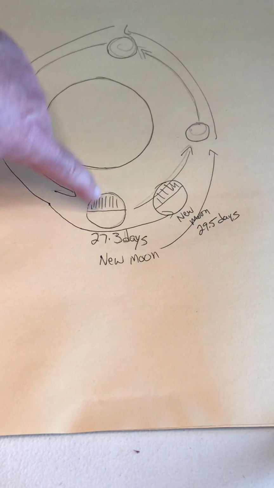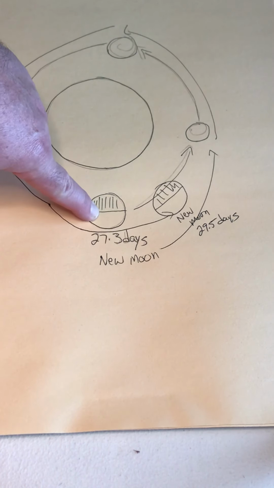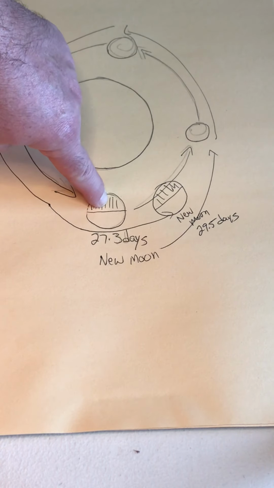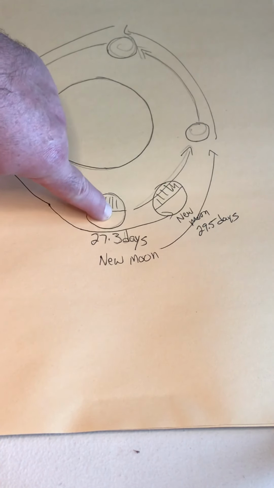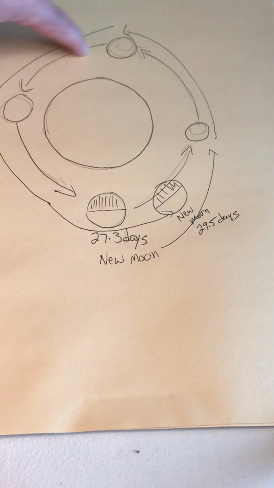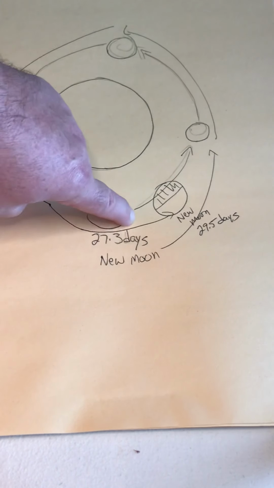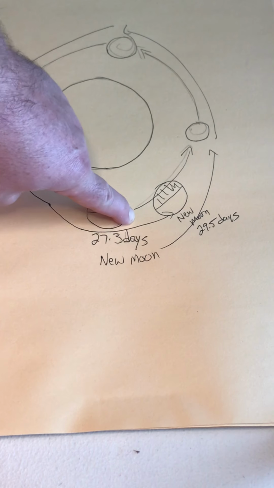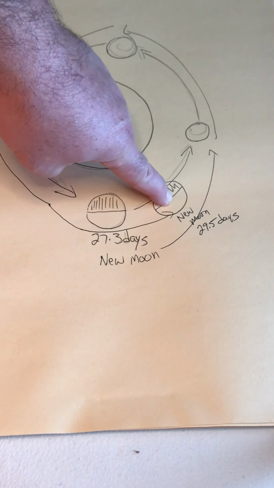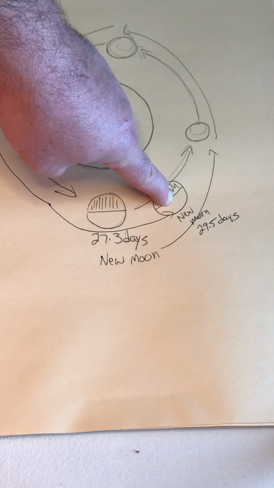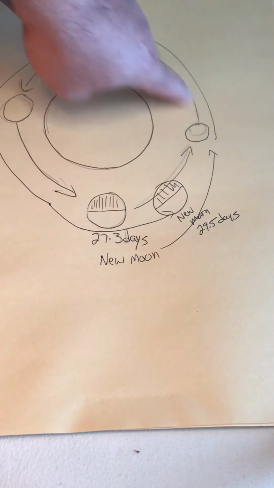So again, starting point to starting point, like actual starting point. The moon is sitting here in the sky. 27.3 days later, it is back to that point in the sky, but it is not the same phase until 29.5. So the phase takes 2 days longer than the orbit.